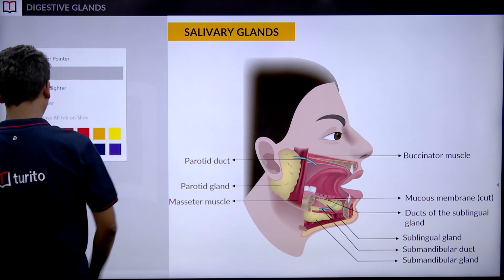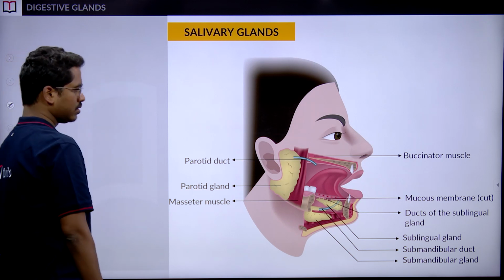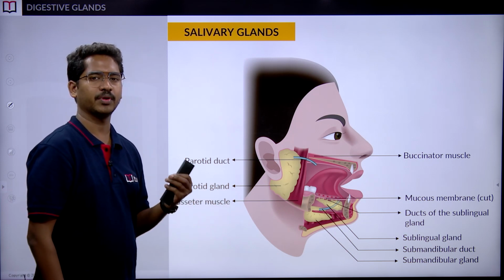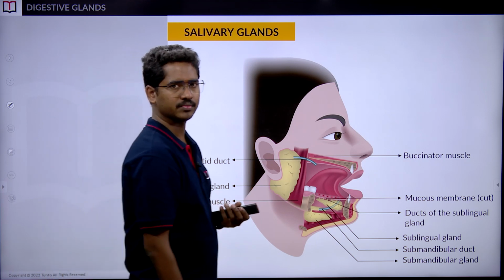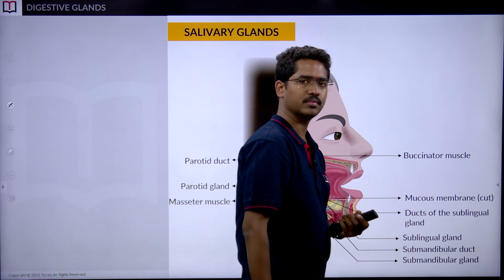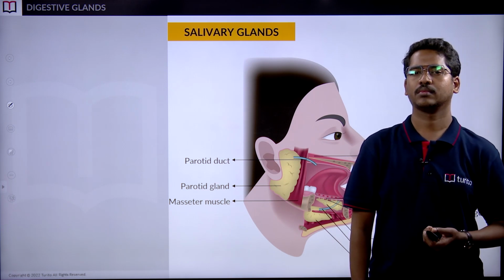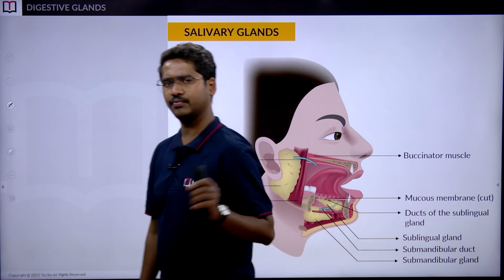If you observe carefully, there are different types of salivary glands present. Can anyone tell me why they are different types? Yes, at least by looking at it, a few of you are able to answer.